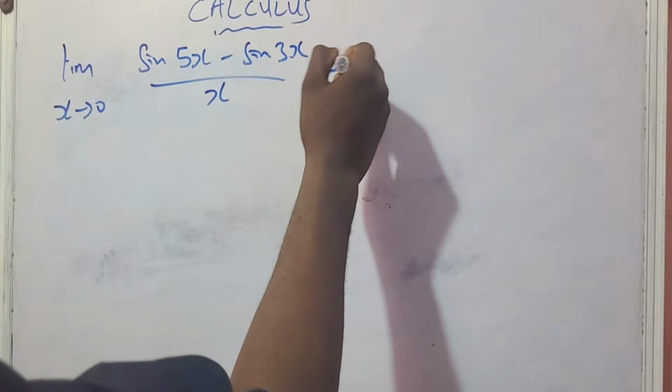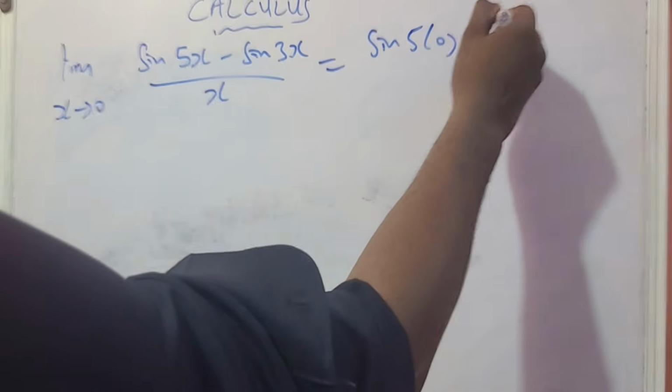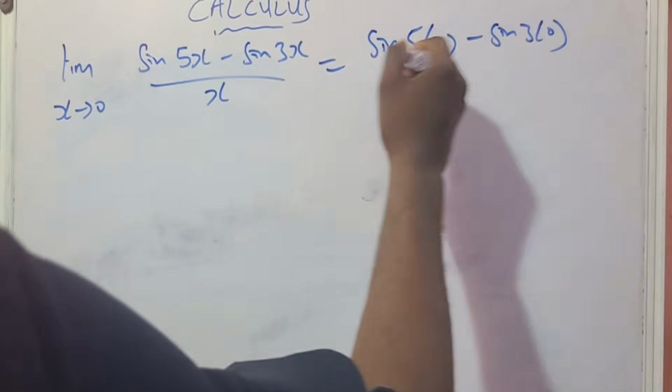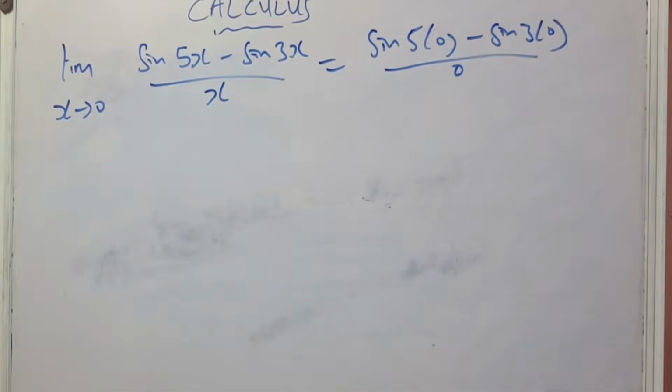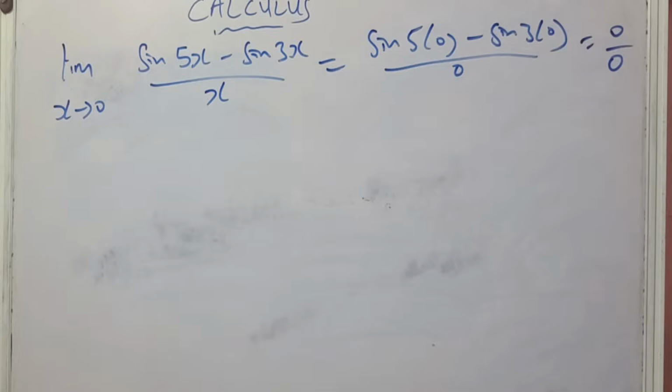If you fix in your value of x being 0, this will be sine 5 times 0 minus sine 3 times 0 over 0. And sine 5 times 0 is 0. 0 minus 0 is 0 over 0. Indeterminate form is seen. So at this point, we can go on to solve using L'Hopital's rule.